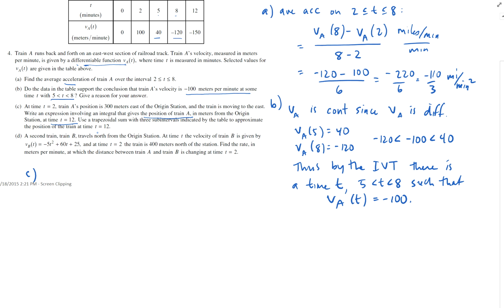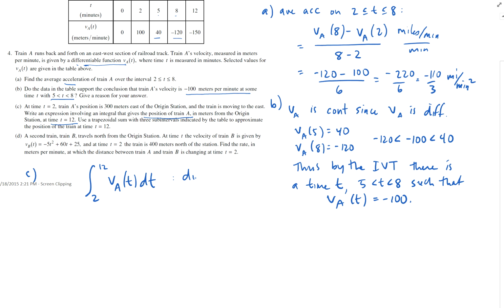Well, let's write an integral that gives the position of the train at 12. Well, I know at 2 it's at 300. So the question is, where is the train from 2 to 12? Well, that's going to be its displacement, right? So from 2 to 12, isn't this right here going to represent the displacement?